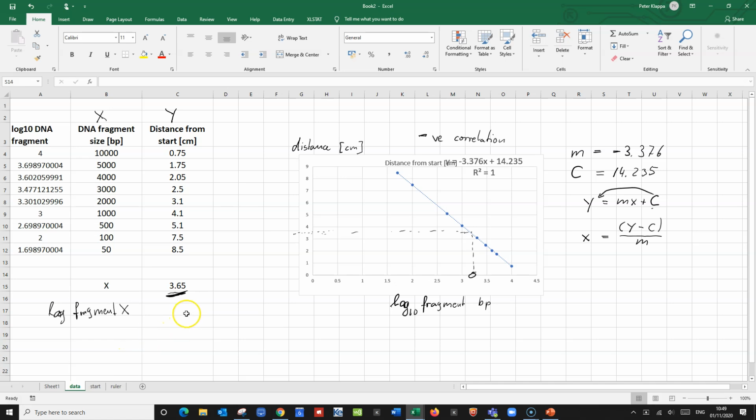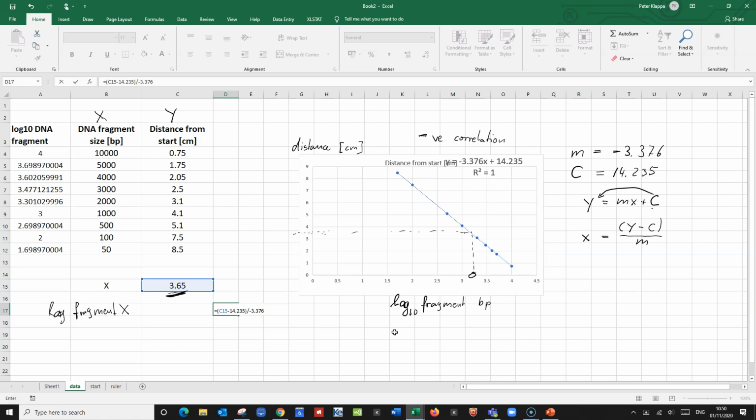So for the log x fragment, we would get, let me make this a little bit bigger again, log x equals, we have 3.65, that's our y value, minus our intercept, that would be 14.235, and then we divide by the gradient, and the gradient is negative 3.376.